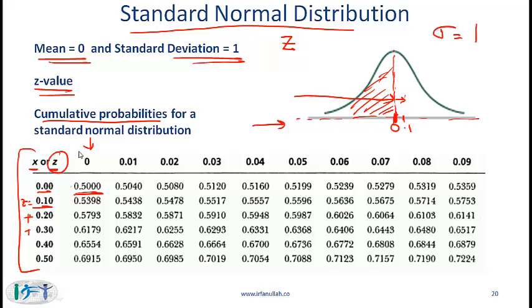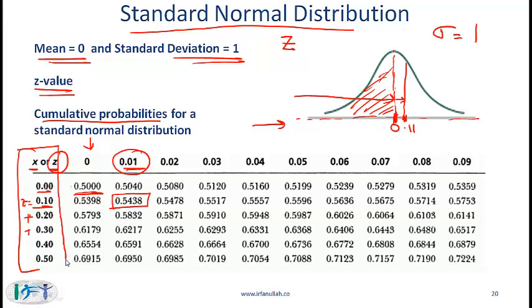What if the z value is 0.11? Then you use this number over here, and the cumulative probability would be 0.5438. So essentially this means that on the x-axis, if you are at 0.11, so that is your z value, then the cumulative probability is equal to 0.5438.